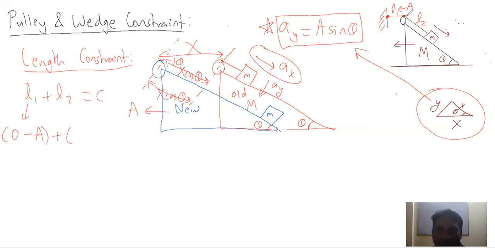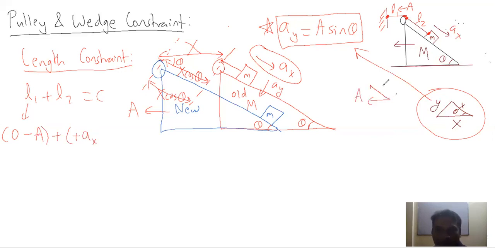So let us consider this point for L2 and this point for L2. If I consider these 2 points, this point is moving with acceleration AX in the down the inclined direction, leading to increase in length. So this will be plus AX. And this point will have an acceleration which will be the component of capital A. So capital A is in this direction.